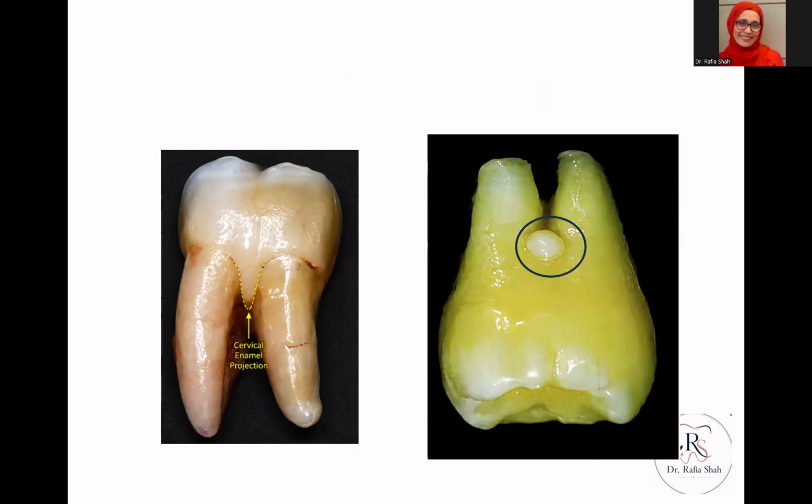Their presence amplifies bacterial invasion and allows the bacterial niche to stay longer, because these anatomic variations cause trouble with cleaning of this particular region.